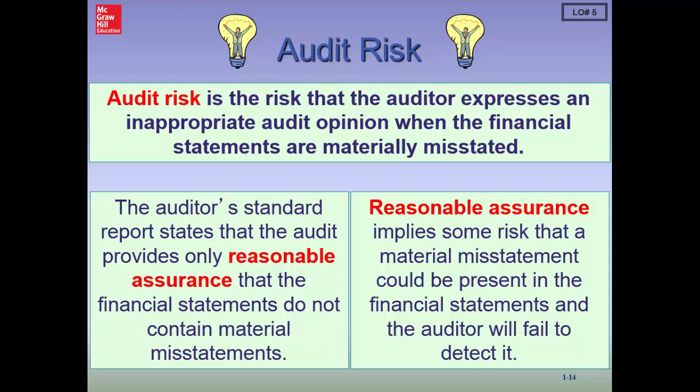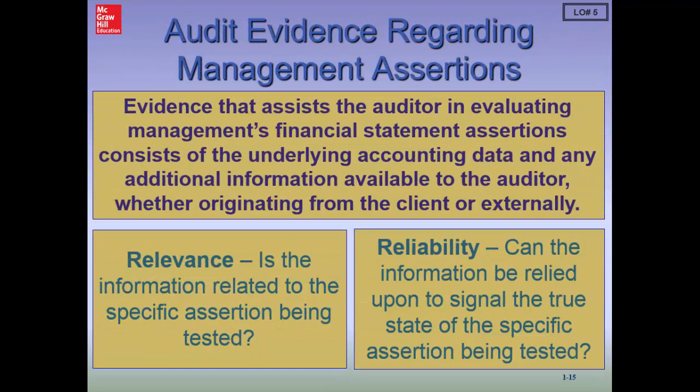So what we're looking for, the threshold that we have in regards to our opinion, is this concept of reasonable assurance. The last concept that we'll be talking about is related to evidence.